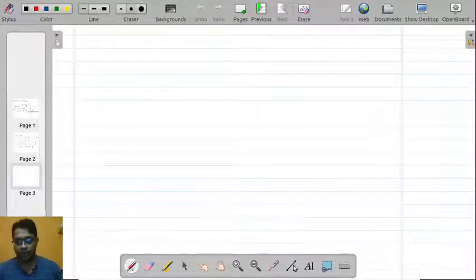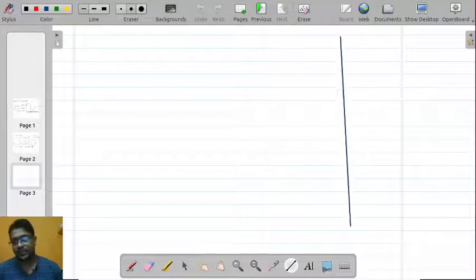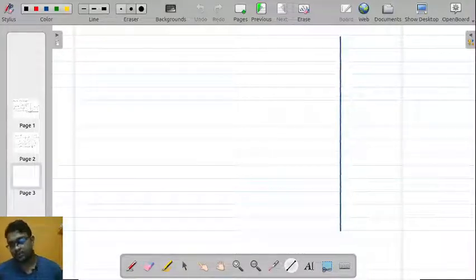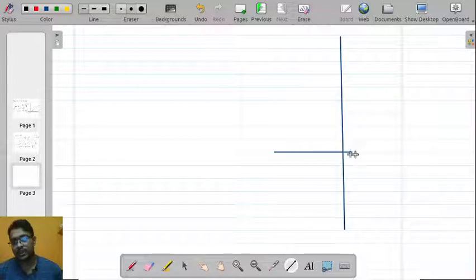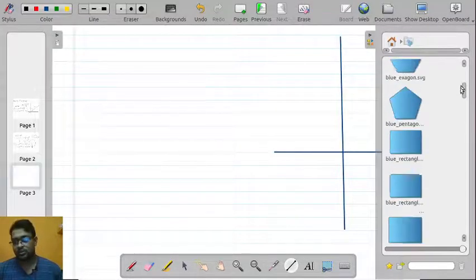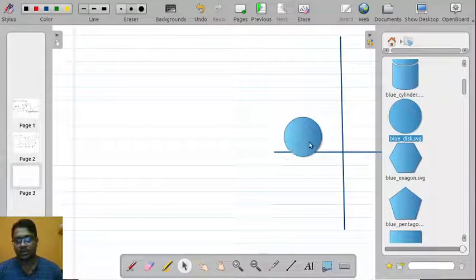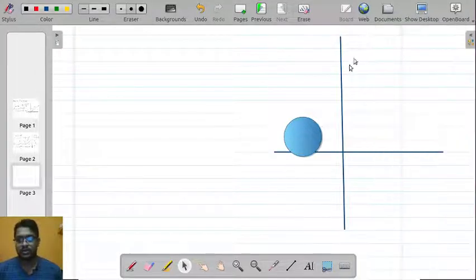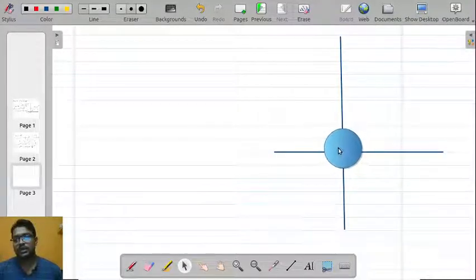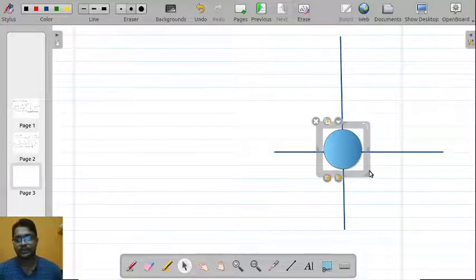Now if we talk about a circular disc, a circular disc means the boundary of the circle together with the interior of the circle. That is called a circular disc. So we have something like this. Let us place this circular disc somewhere here.